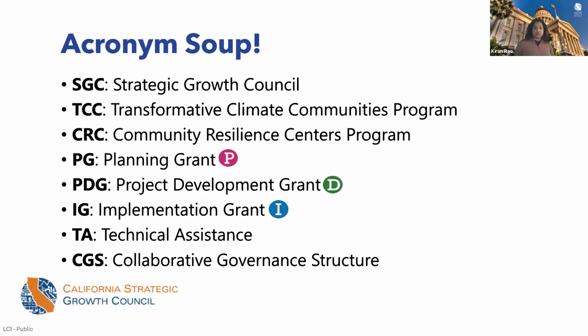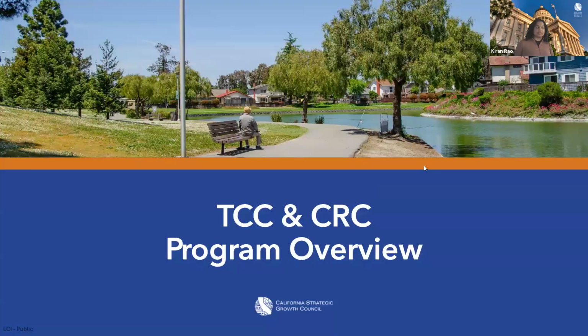Throughout this presentation, we will use the P, D, and I icons to indicate which grant type the material is relevant to. Let's begin with the TCC and CRC program overview.